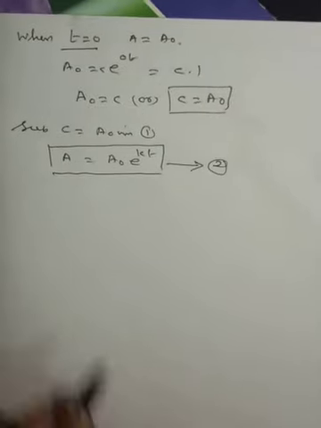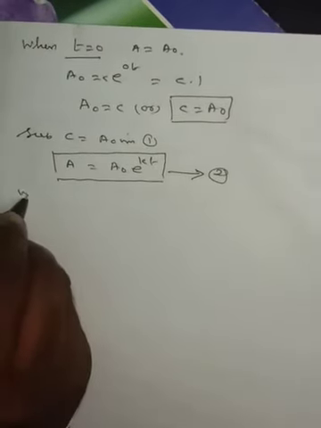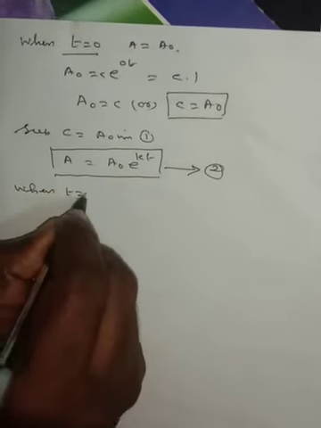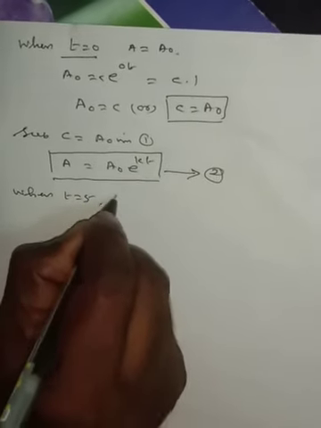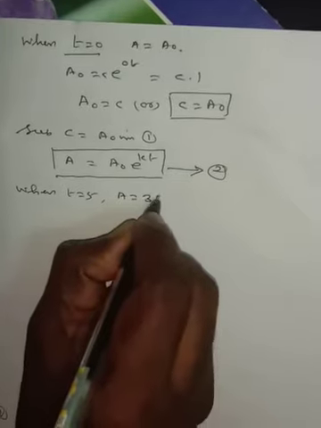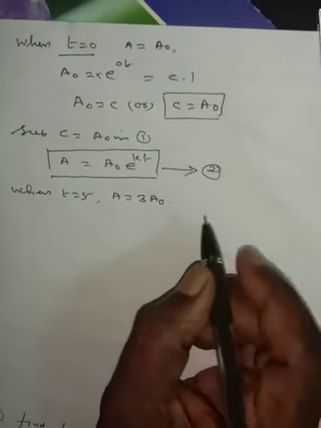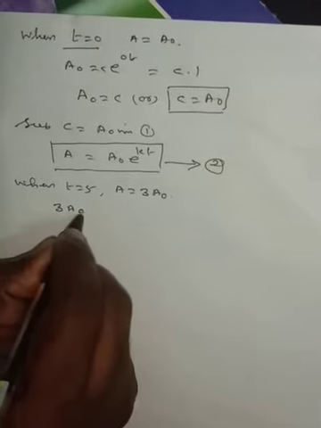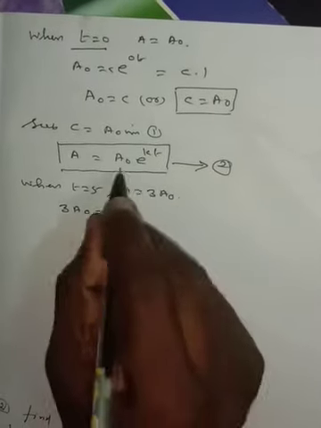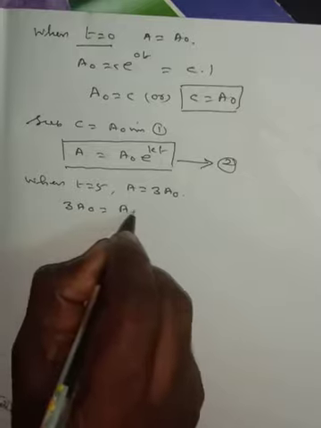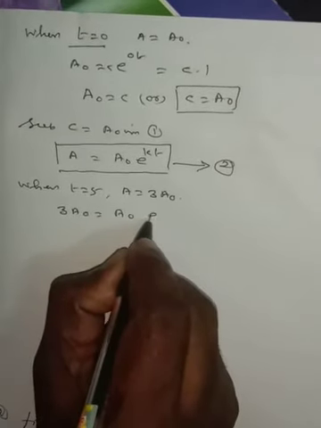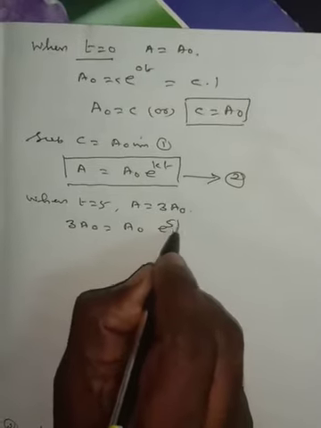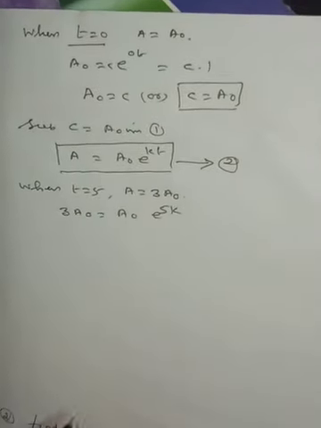Now when t is equal to 5, A is equal to 3 A naught. In equation number 2, 3 A naught is equal to A naught e to the power of 5k.